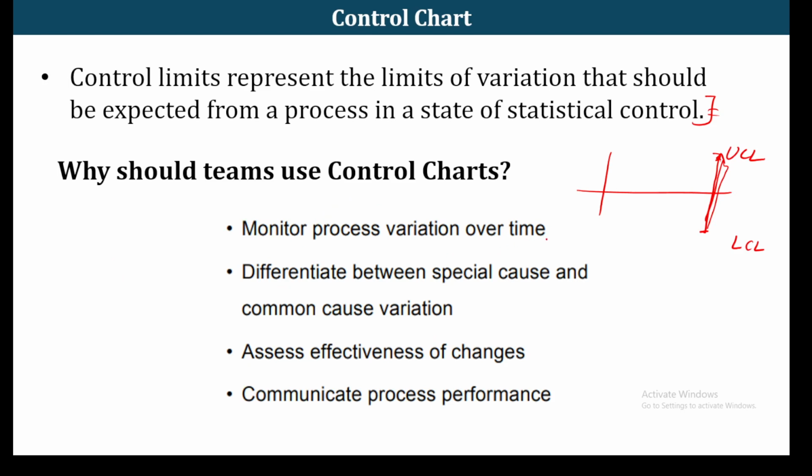To monitor process variation over time, to see the ups and downs and how things are changing. To differentiate between special cause and common cause variation, for example when we change a parameter. And then to assess the effectiveness of the change.